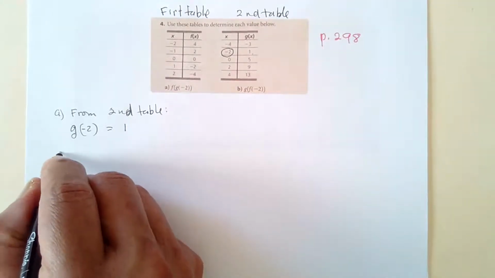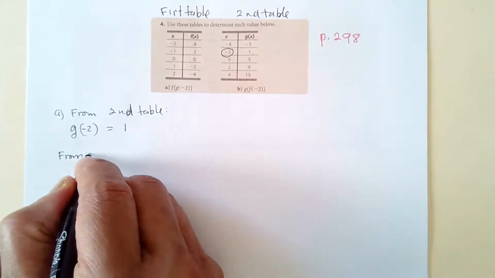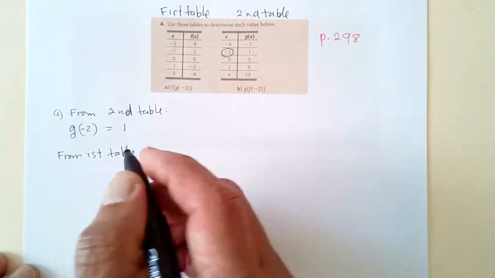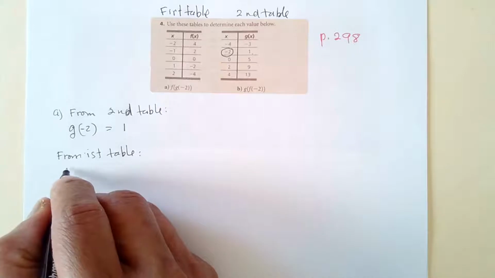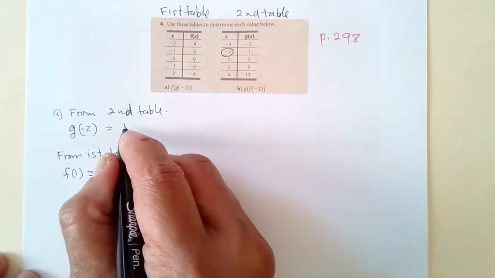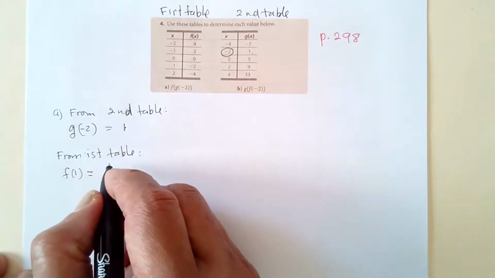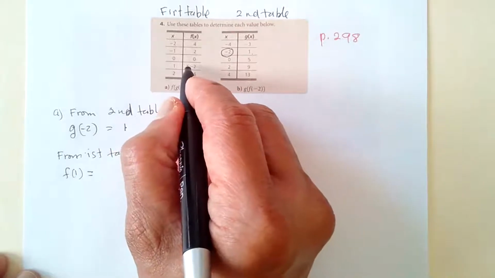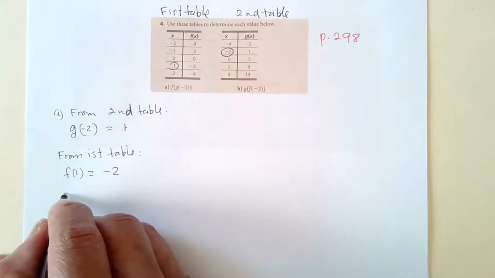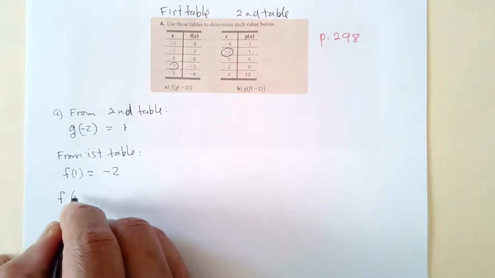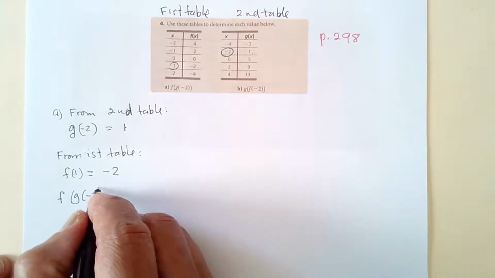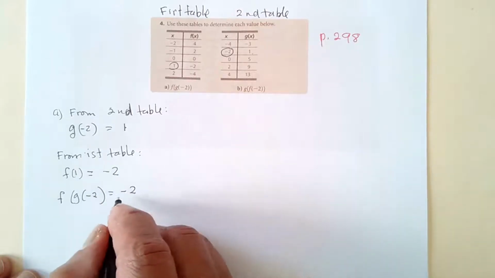Then from the first table, we have f of 1. So here it is, f of 1 is equal to negative 2. So we can conclude f of g at negative 2 is equal to negative 2.